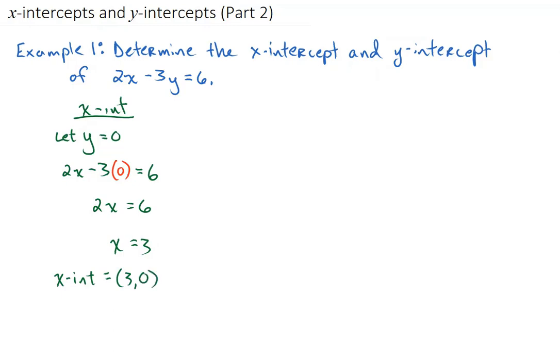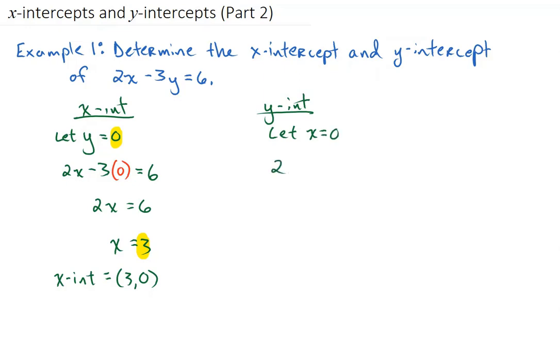The 0 is the y value that I started with, and the 3 is the x value that I ended up finding for this ordered pair. So that's the x-intercept. Now for the y-intercept, we're going to let the x equal 0.